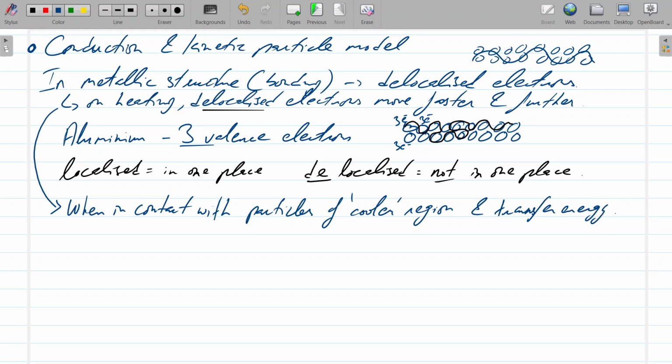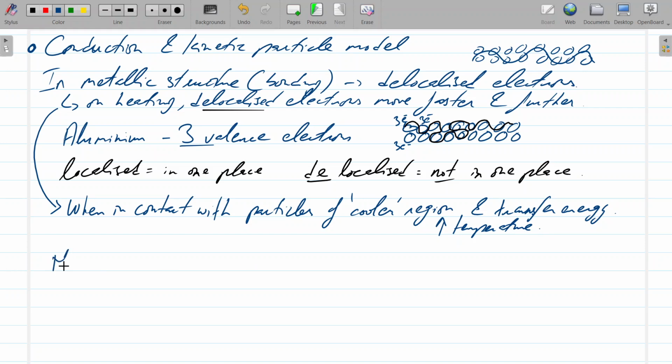With that transfer of energy, the cold part also becomes hot. After gaining the energy, the particles start vibrating more vigorously, and those electrons also gain energy, and so on. Now, this is not happening with non-metals, so the temperature increases only through this transfer of energy.